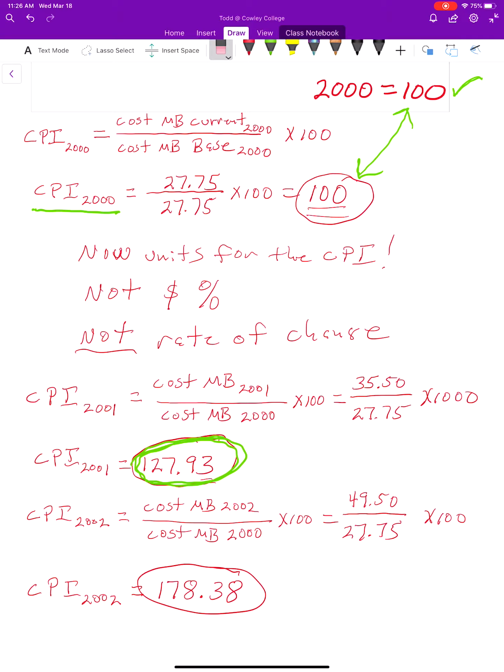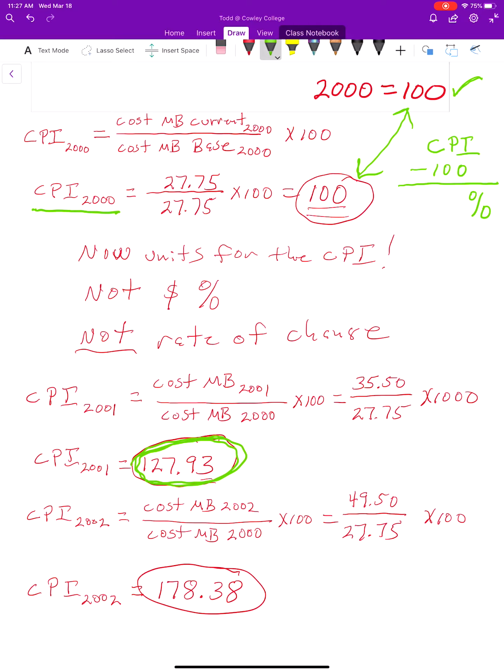So to calculate how much average prices have increased, you want to take your value for the consumer price index and subtract 100. And that will convert it into a percentage change.